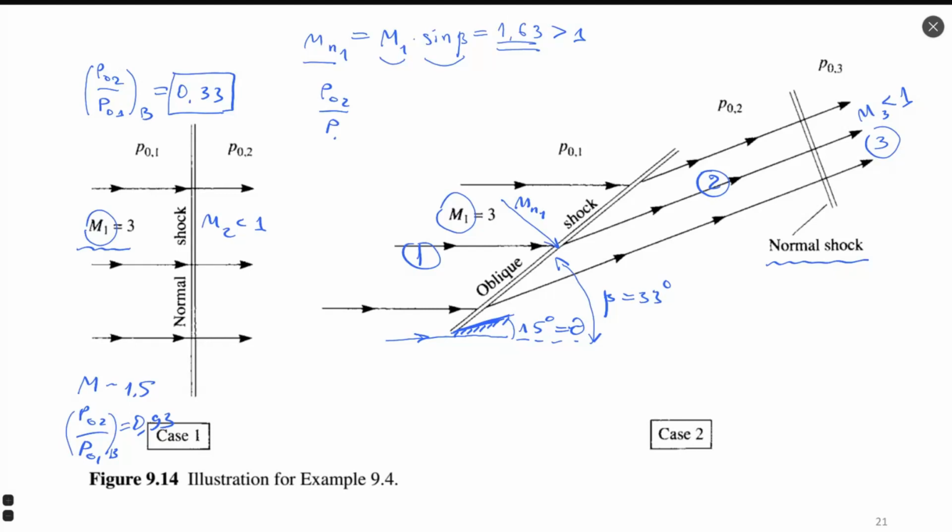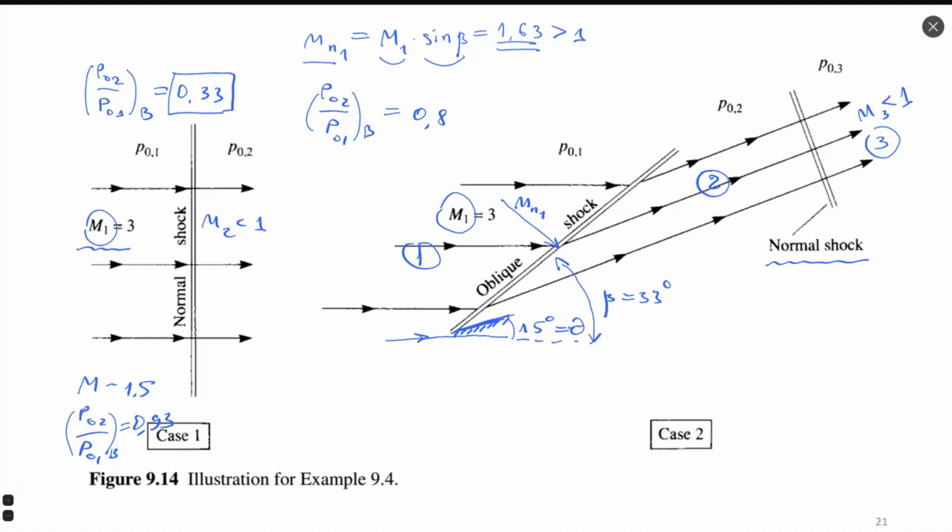P02 divided by P01 from Appendix B, as a reference I use my Mach number 1.63, and it is equal to 0.8. So I still have 80% of my energy and I lose 20% on this transition.